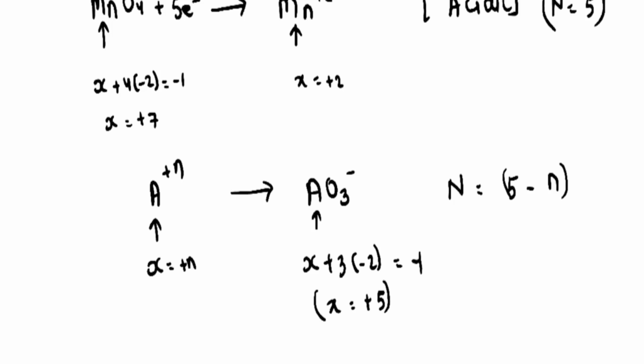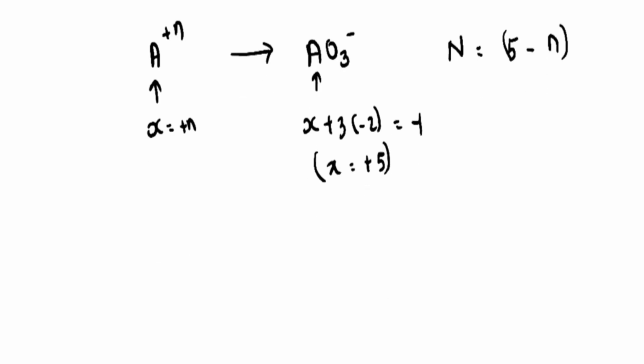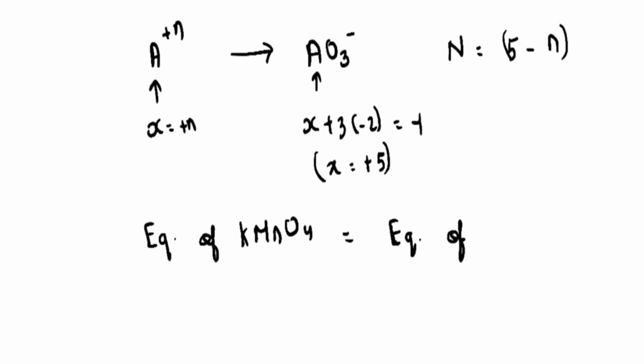Now use the concept that the equivalents of MnO4^- will be equal to the equivalents of A^n+.